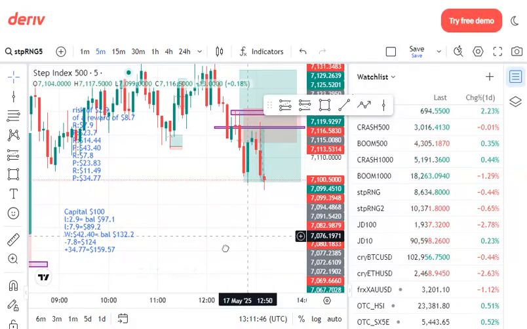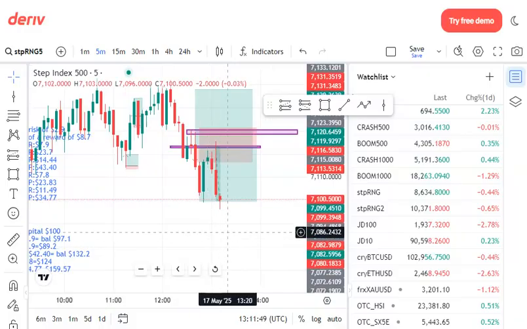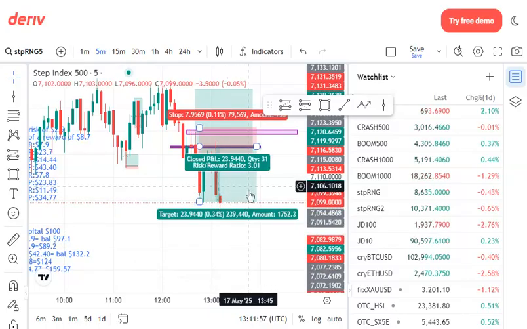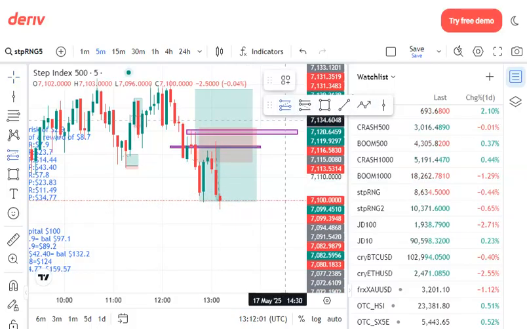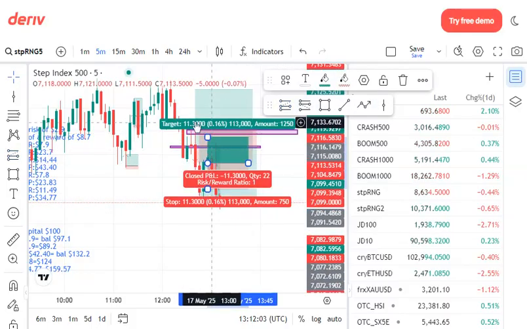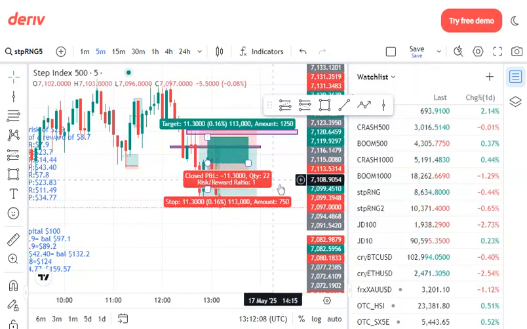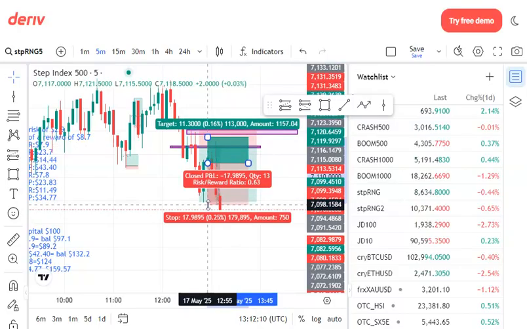Okay, so the trade we took currently is a loss. The one we took before came to pass. 1:3 came to pass, and we tried doing another 1:3, which is the trade we took here. Let's just take out the ones that are no longer useful.